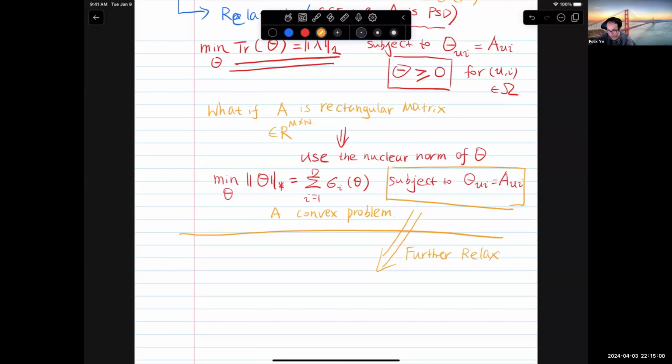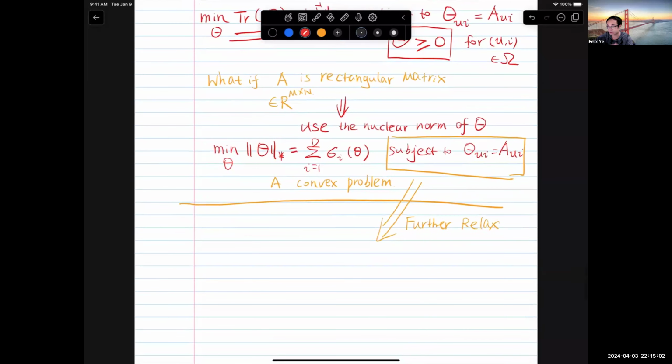Actually, we further relax it by adding this as a penalty, basically.